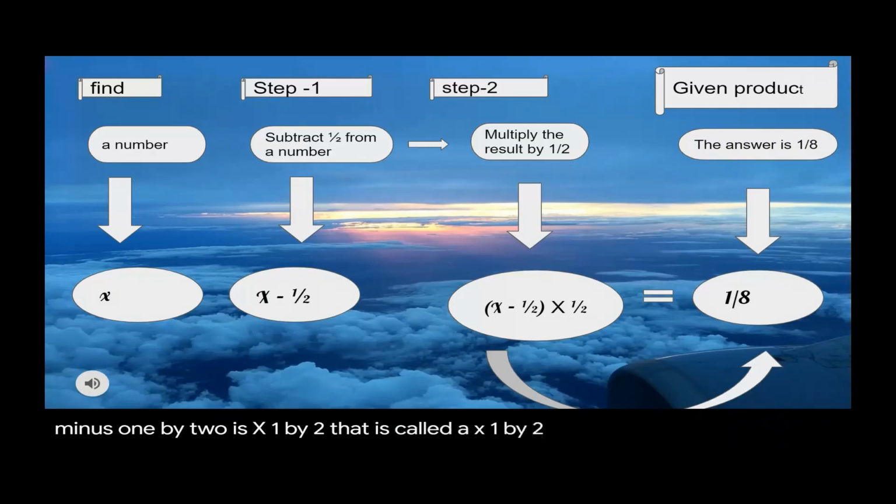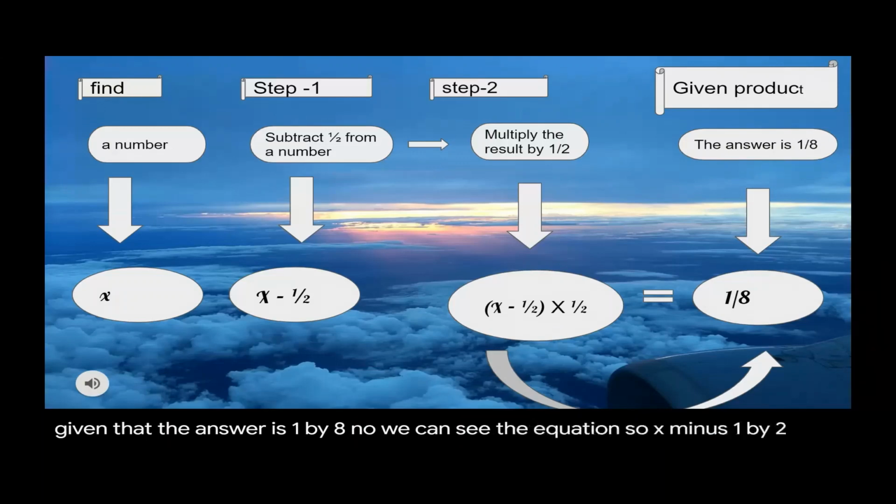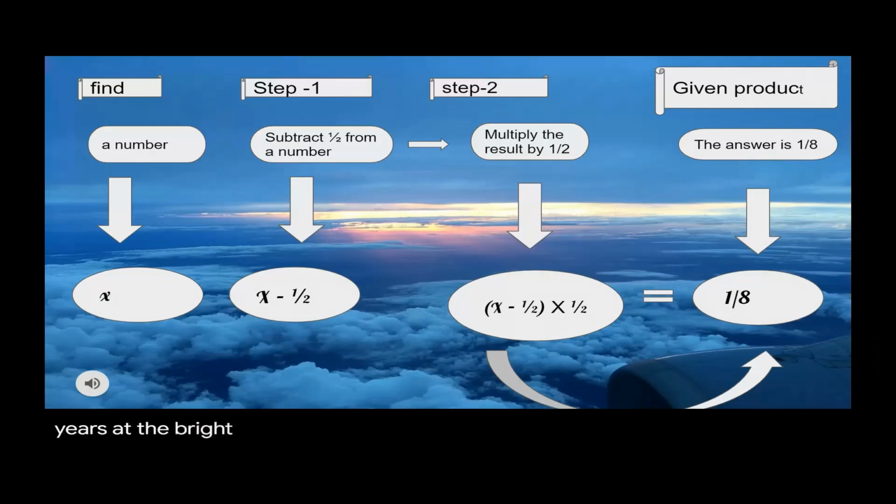Then what you are getting? It is given that the answer is 1 by 8. Clear? Now we can see the equation. So (x minus 1 by 2), that is inside the bracket, then multiply by 1 by 2, that is equal to 1 by 8. That is our equation. Clear?